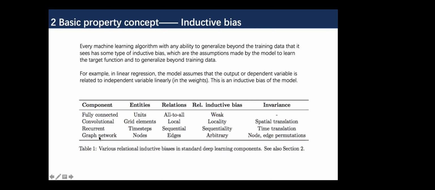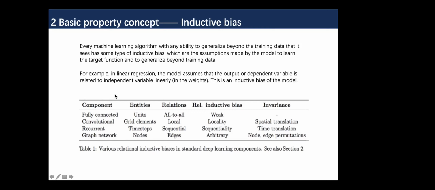So we have a table here of deep learning components: fully connected, convolutional, recurrent, and graph networks, and they have different entities. For fully connected, the entities are units. For convolution, it is grid elements, just like the filter. For recurrent, it is time steps, and for graph networks, it is nodes.